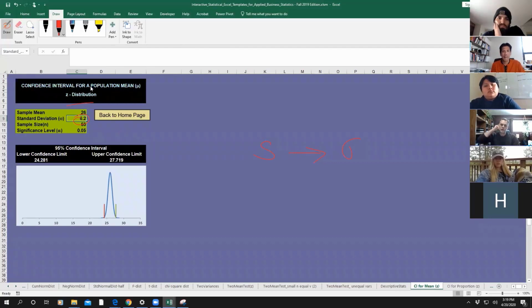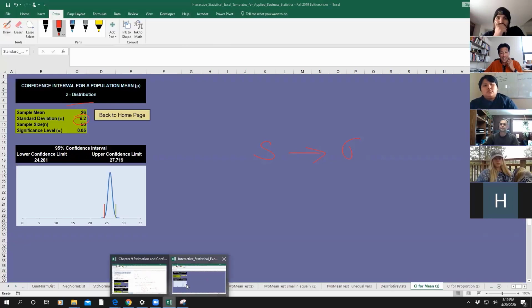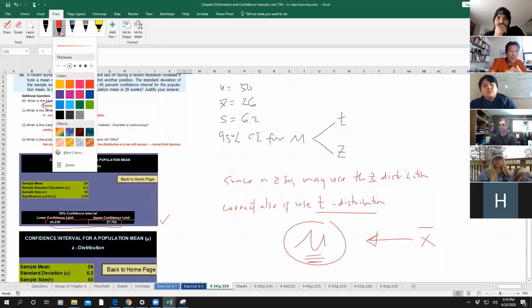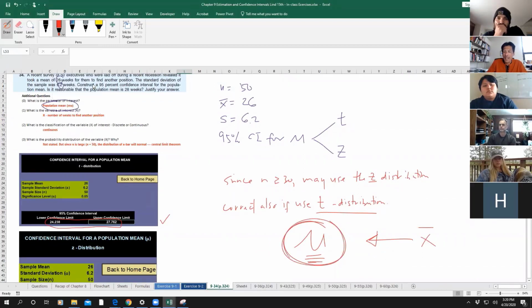So what would you do if this exact same question gave us the population mean instead of the sample mean? If the population mean is given, then there's no need to compute a confidence interval. The whole purpose of confidence interval estimation is to figure out what this unknown population mean is, and in trying to estimate this, we are using X bar.